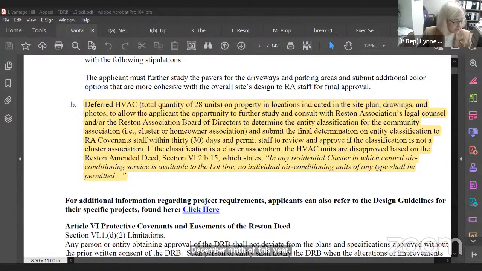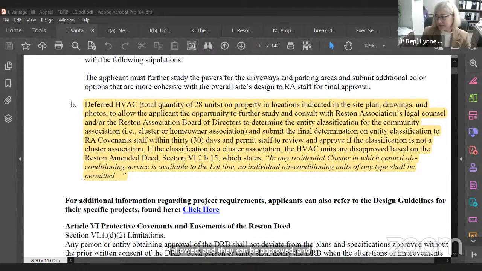It was a determination stating that the Reston Association does not consider condominium associations to be a cluster. So we will organize the townhomes as a condominium. Therefore, it will not be a cluster, and I do not believe there are any restrictions on individual air conditioning units, that they would be allowed and can be approved.